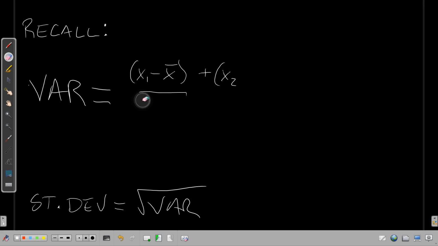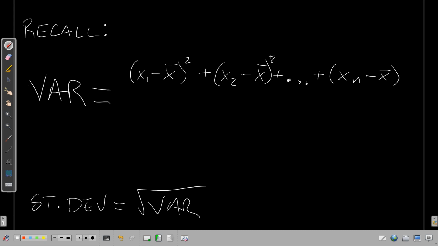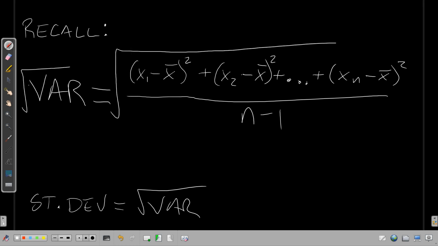So this is the deviation for the first data point, and this is the deviation for the second data point, and so on. I'd have a bunch of deviations, one for each data point, and we squared all of those deviations and then divided by n-1. And if I take the square root of the variance, then this would be the standard deviation.